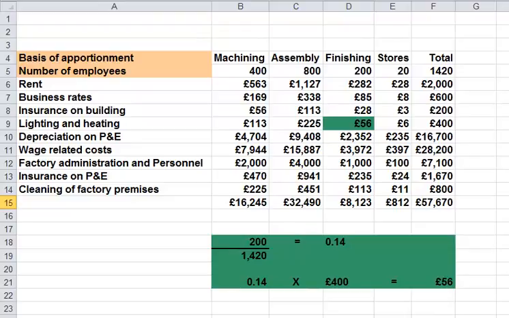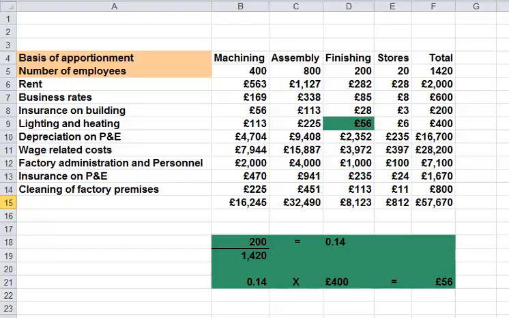So if you take any one of these, how it's calculated is, in this case, it's 200. Sorry, by the way, I've changed the apportionment here to the number of employees. It can be done on area, number of employees. It can be done in several different ways. Providing you pick the basis for apportionment and are consistent, then that's okay. So let's take the employees.